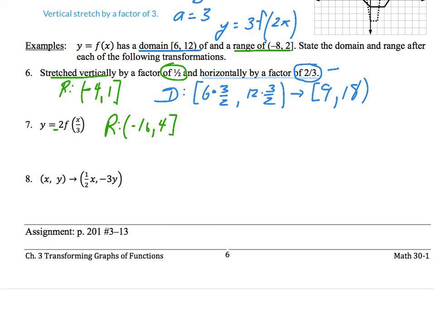And as we look at our domain, since the x is divided by 3, what happens is the reciprocal of that, so our domain values are each multiplied by 3. So now our lower bound will be an 18, and our upper end will be a 36.